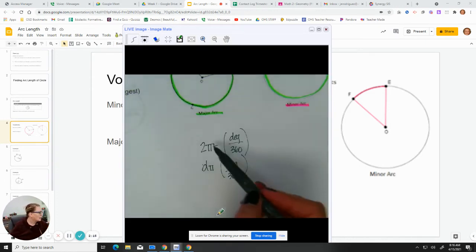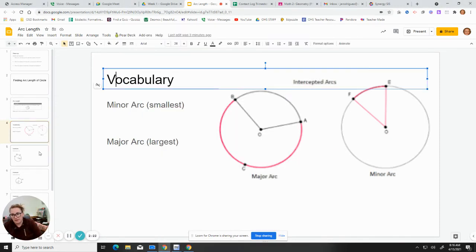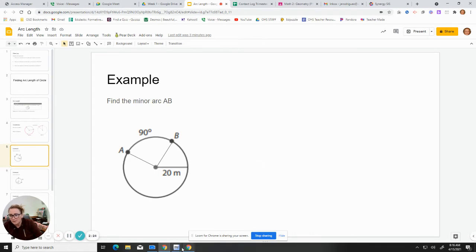So that's why either one of those could change. All right. So we're going to work through a few examples of this. On most of these, it's asking specifically for either the major or the minor, so you don't have to do any guesswork.